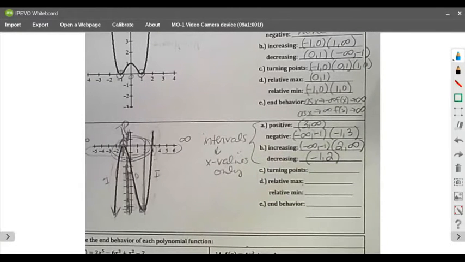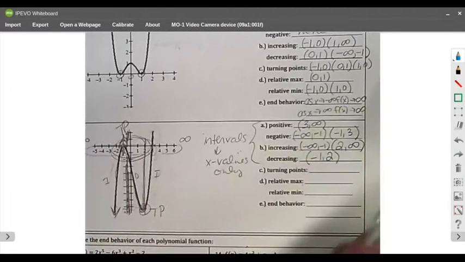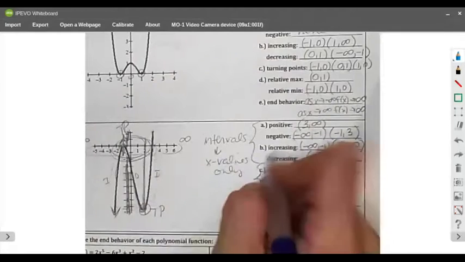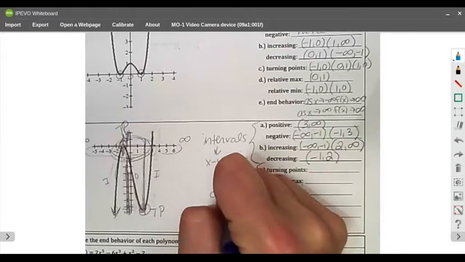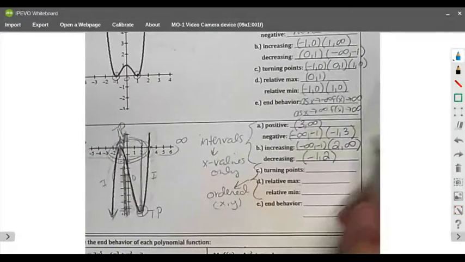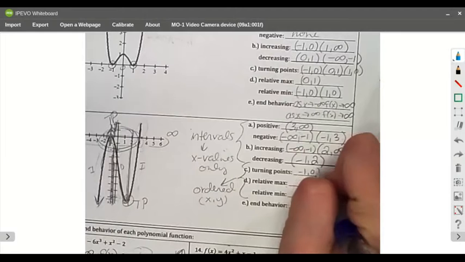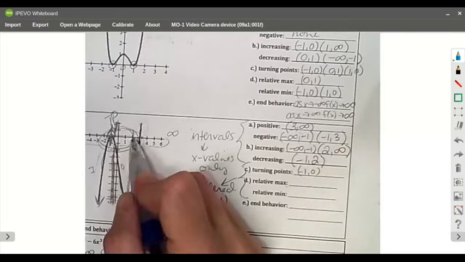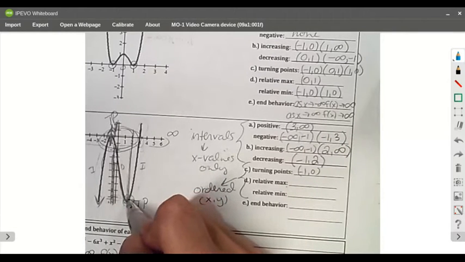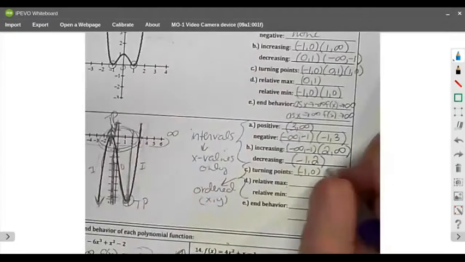Turning points are pretty easy. That's a turning point. This is a turning point. It's anytime it changes directions. Turning points and maximums and minimums, we want ordered pairs. So you want an x and a y. So this one is going to be negative 1, 0. And this one is going to be about 2, and I guess it looks like maybe about -9 or -9.5.